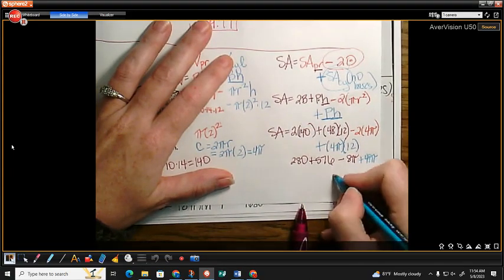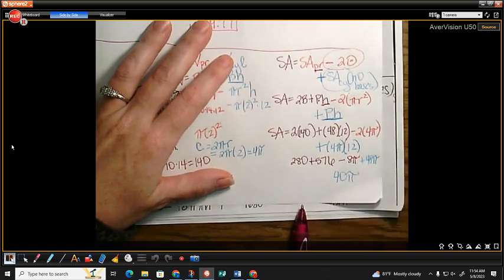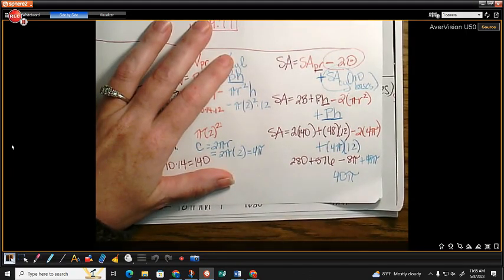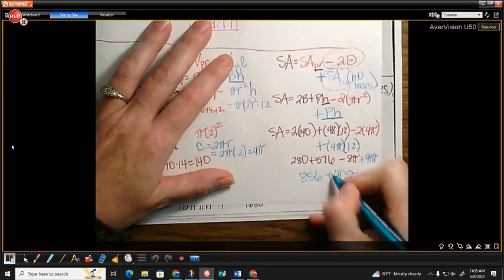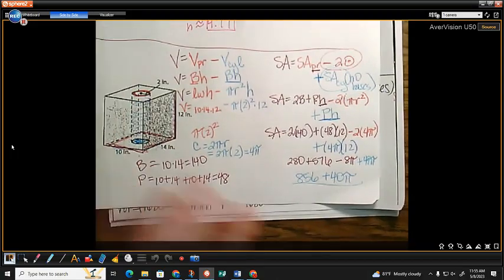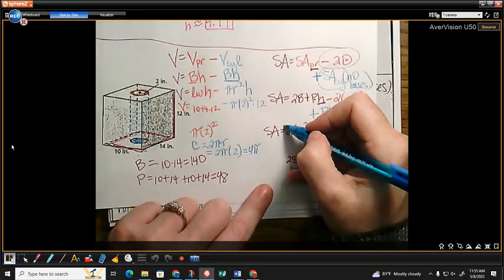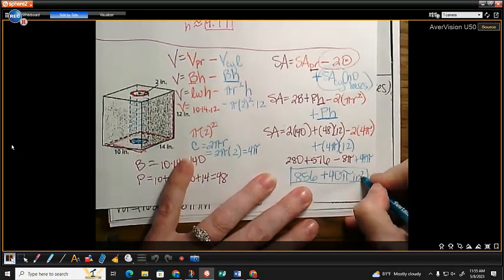So 48 pi minus 8 pi, that gives me 40 pi. And 576 plus 280 is what, 856? Do these combine? No. What's the only thing it needs? Units. And this was surface area, so it'd be inches squared.